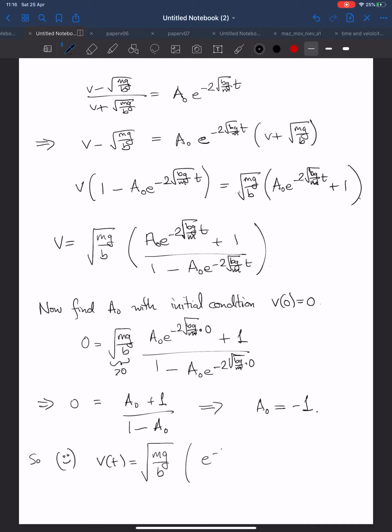So I have e to the minus 2 square root bg over m t. I did promise that a0 was minus 1. So let's put the 1 first. How about that? So I have this. And I'm subtracting it in the numerator, 1, for this term from 1. So I have that. And then in the denominator, I have 1 plus.